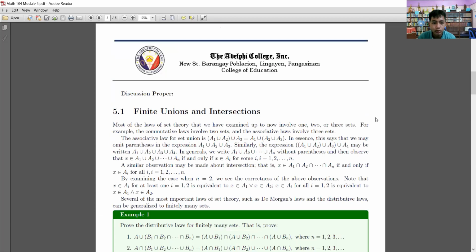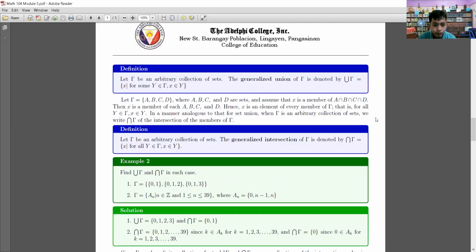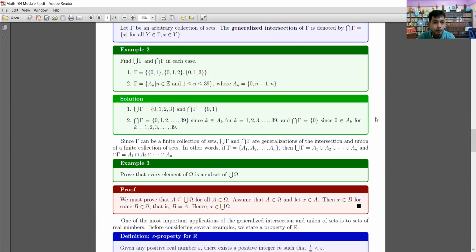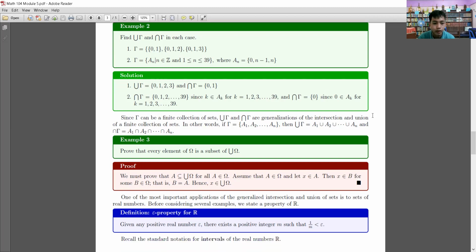For example, from earlier, we have 0. 0 is a subset of the generalized union, and 1 is also a subset of it. So every element here is a subset. That is what the proof says.